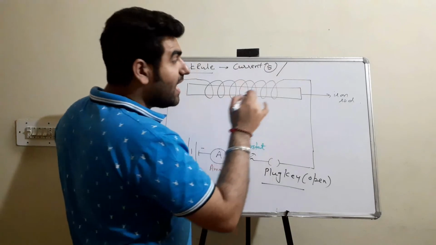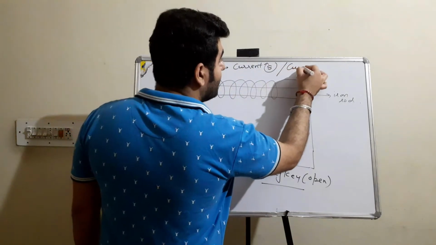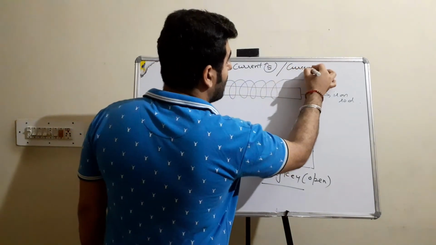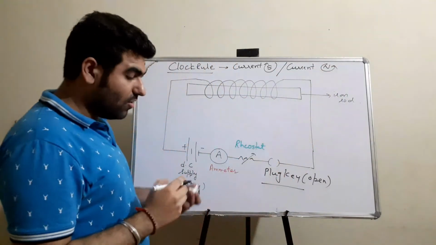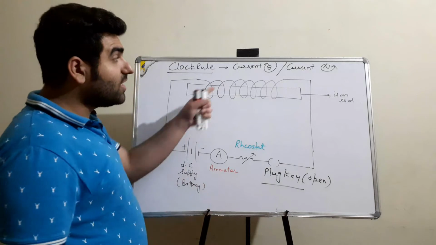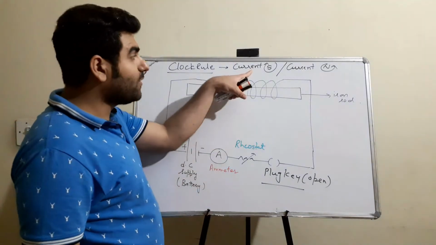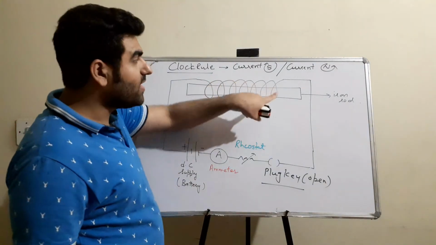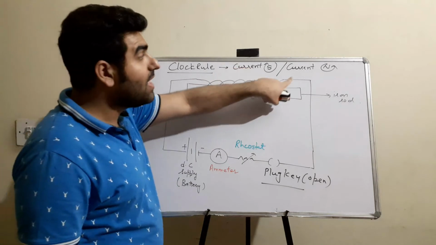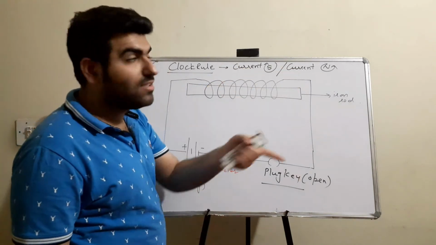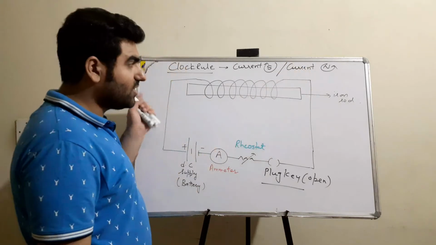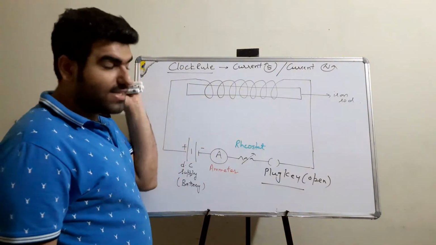And if the current is anti-clockwise, then the pole formed would be the north pole. This is towards only one side. If towards one side the current is clockwise, the pole formed would be the south pole. If the current is flowing in the anti-clockwise direction, over that side the pole would be the north pole. This is what the clock rule says.